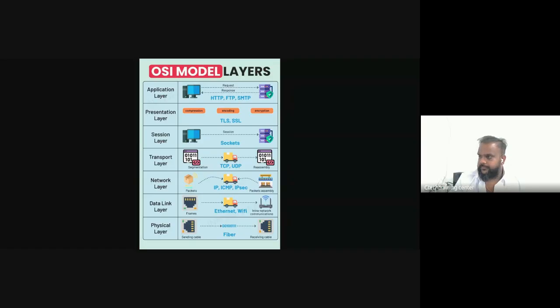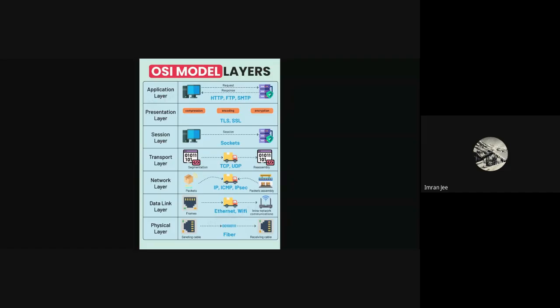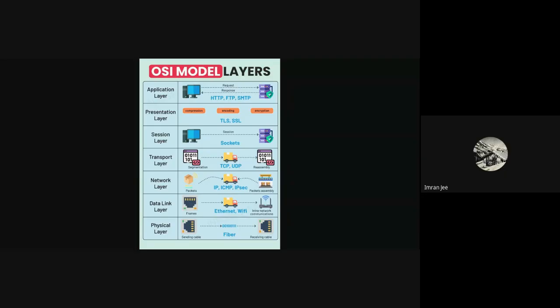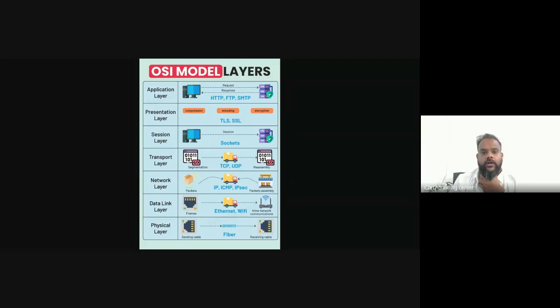Go ahead. So in all these layers, when does data become a frame or packet or segment? For you to view, or what do you mean by data becoming a frame?